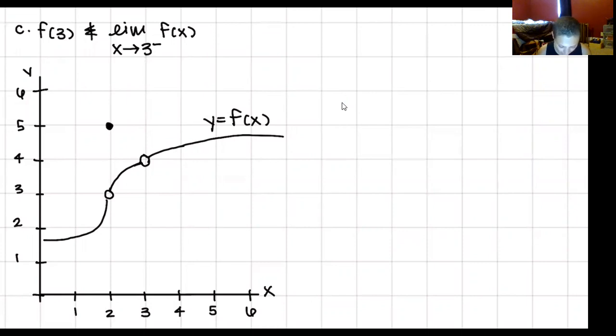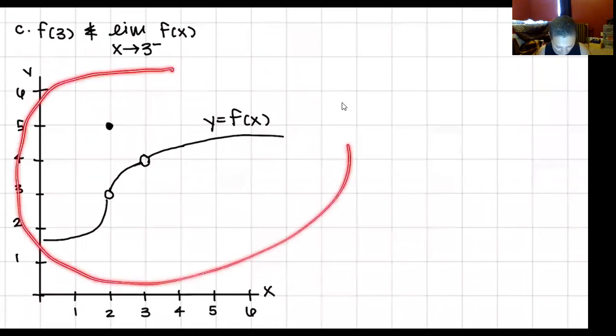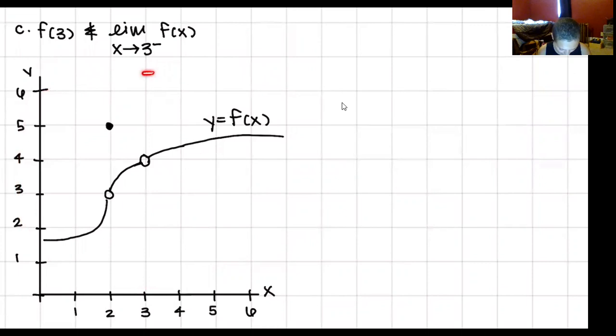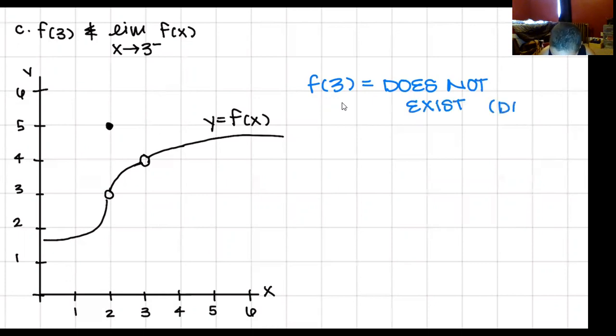And when we look around the entirety of the rest of the graph, there's nothing here, right? So in that case, we're going to write that f of 3 does not exist. And for shorthand, you are always welcome to write DNE. Any mathematician will know what you're talking about.